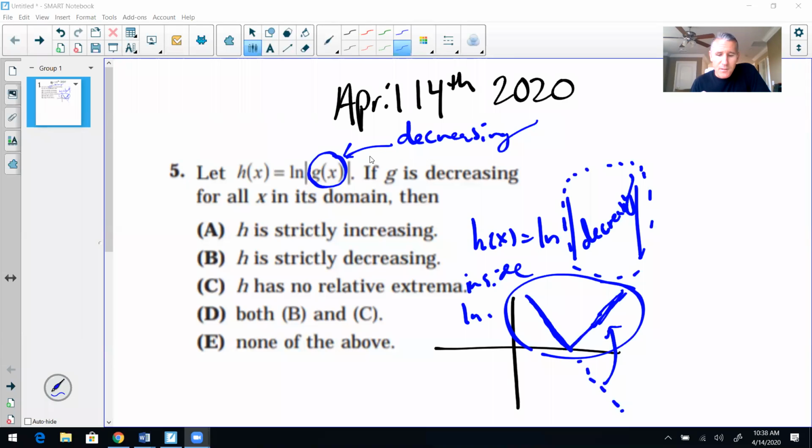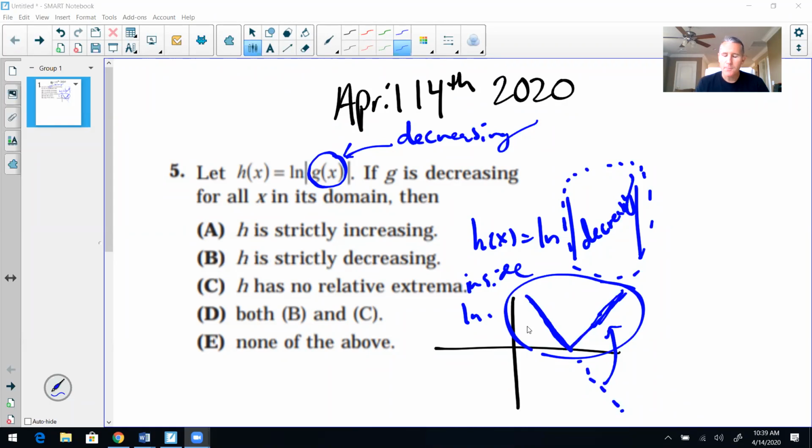Okay, so if I have something like this, is h strictly increasing? Well, no, because for these values, if I take the natural log of something that's getting smaller, then h is decreasing, and then h is increasing. So h is not strictly increasing. Is h strictly decreasing?